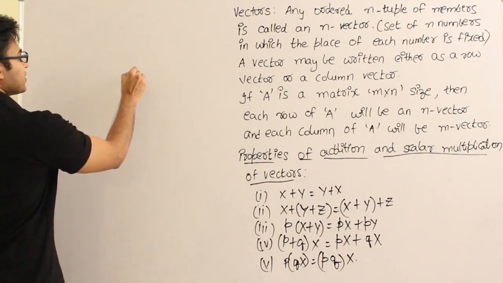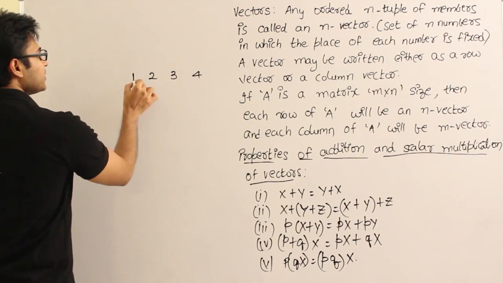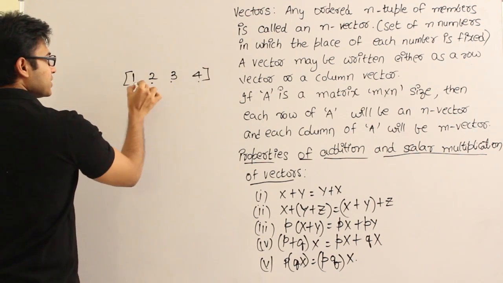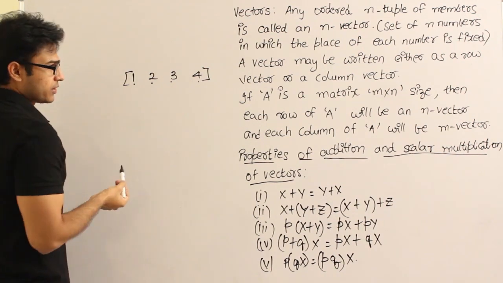For example, 1, 2, 3, 4. This is a set of 4 numbers, and the places of the 4 numbers are fixed. That is why it is called a 4-vector.